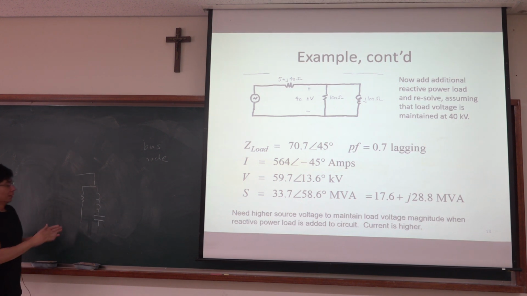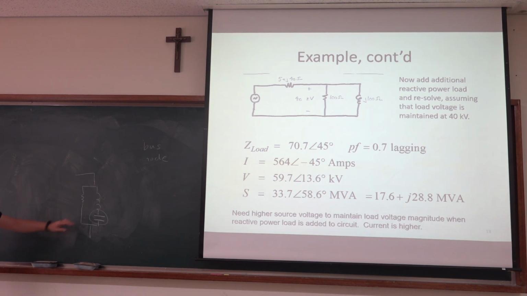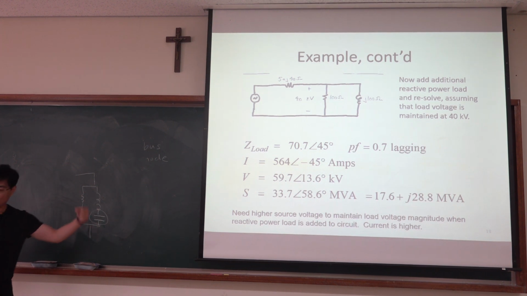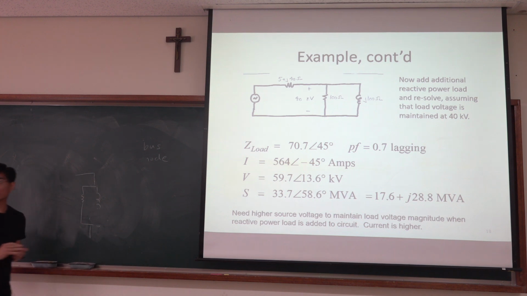But what's the problem of doing this kind of job? This capacitor needs to be put here. That means you need to cut the line, put in the capacitor, and rewire again, and that is not recommended. So putting the component in parallel is much easier.